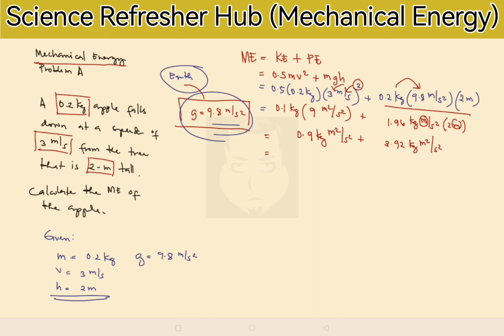So 0.9 plus 3.92 is 4.82 kilogram meter squared per second squared, which is just 1 joule, or J. So you can write it this way, 4.82 joules. That's the mechanical energy of our system here in problem A.